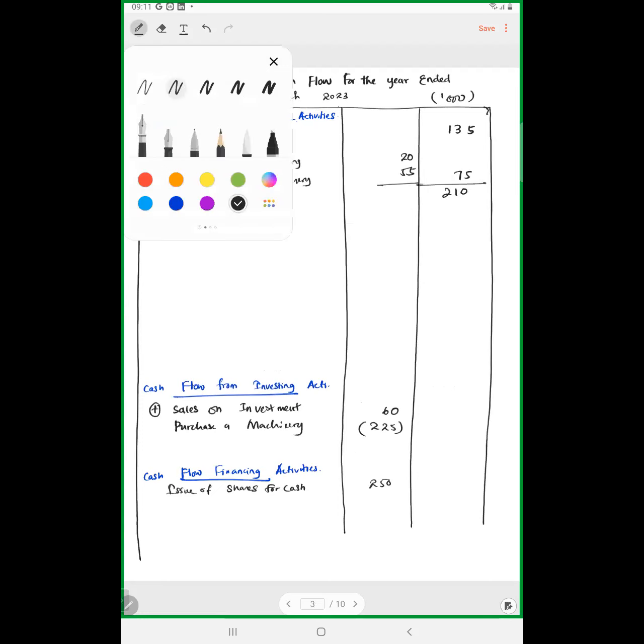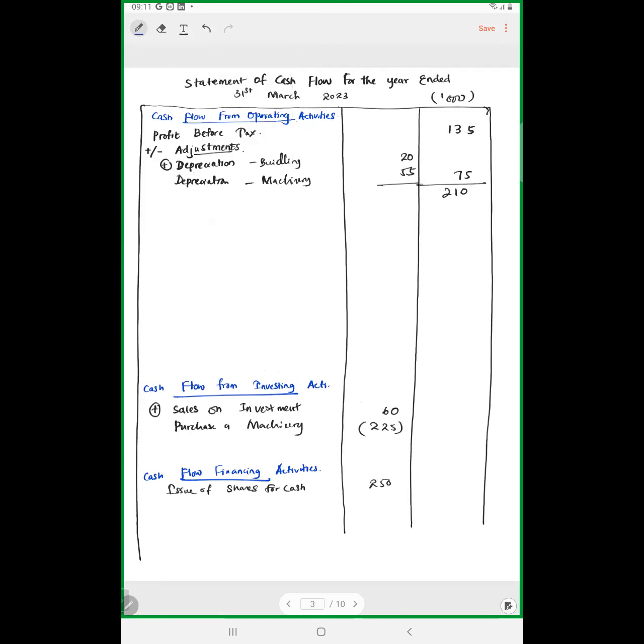We normally call it operating profit. Operating cash flow before working capital adjustment, how much? 210.